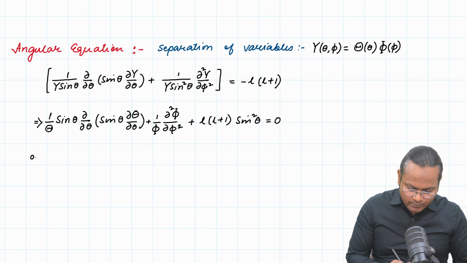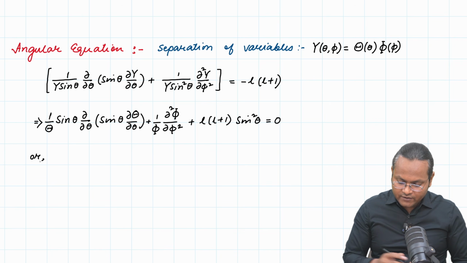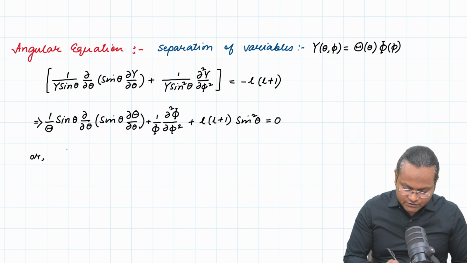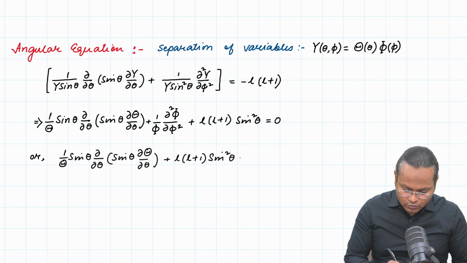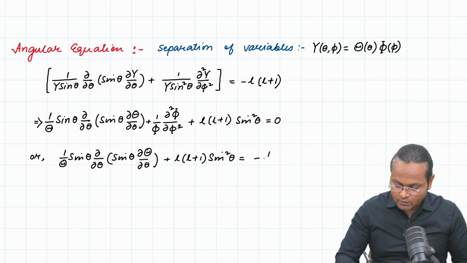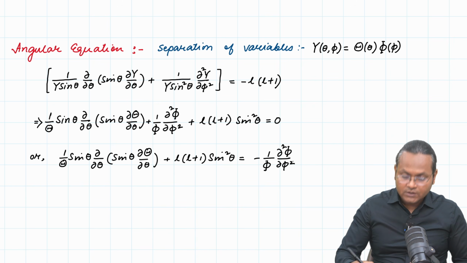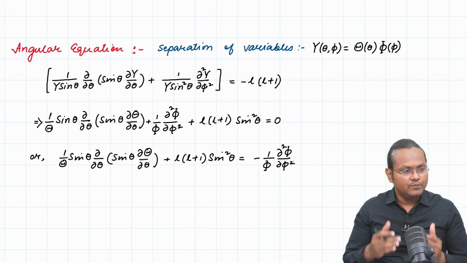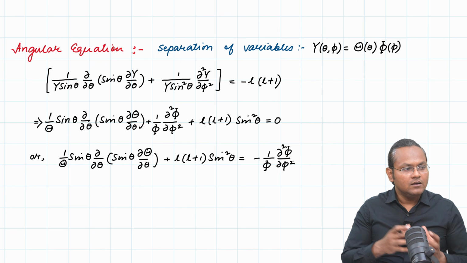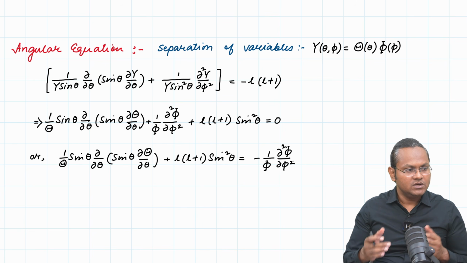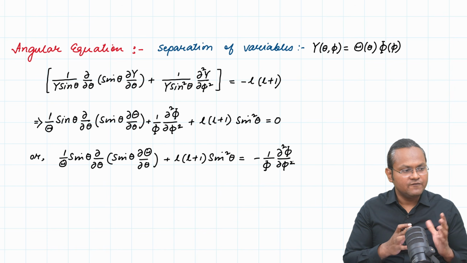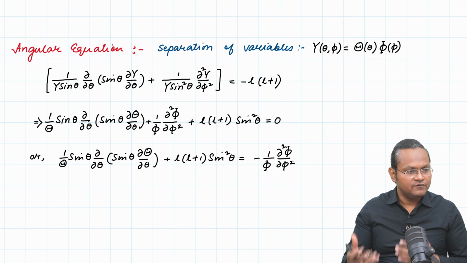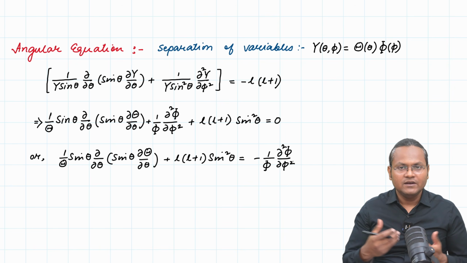Now we will end up getting a similar solution where if I rewrite everything in terms of the functions of theta, it becomes equals minus 1 upon phi function del 2 phi function upon del phi 2. So you see here, we have again separated this angular equation part of the Schrodinger equation into the left hand side, which is a function of the theta variable, and the right hand side, which is a function of the phi variable, which are independent variables.